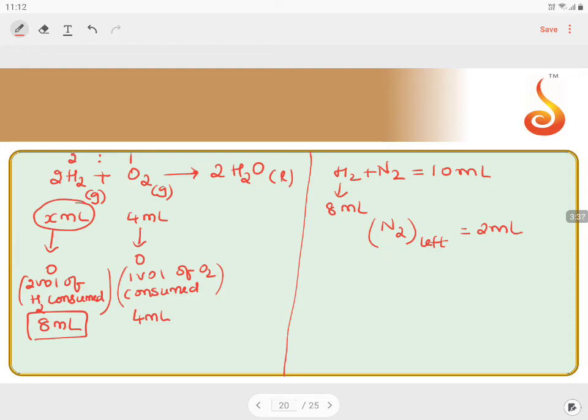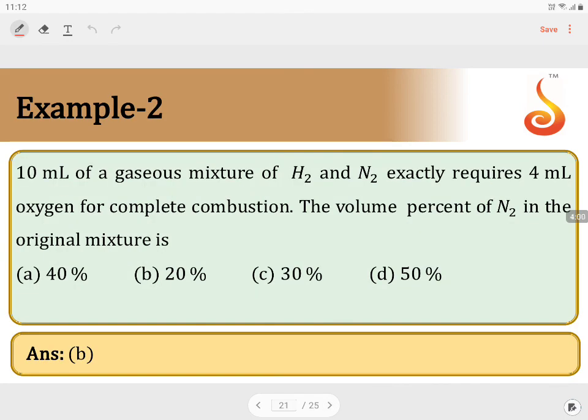So the percentage of nitrogen in the mixture is 2 by the total volume of the mixture, 10, into 100, which equals 20%. So the percentage of nitrogen in the mixture is 20%, where 80% is hydrogen and only 20% is nitrogen. So the answer is option B, 20%.